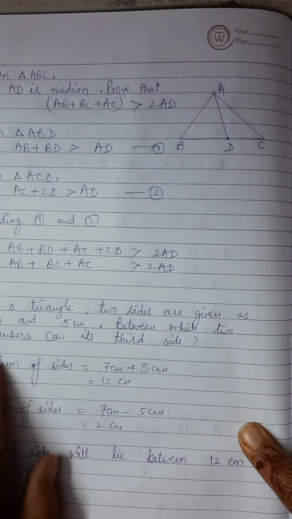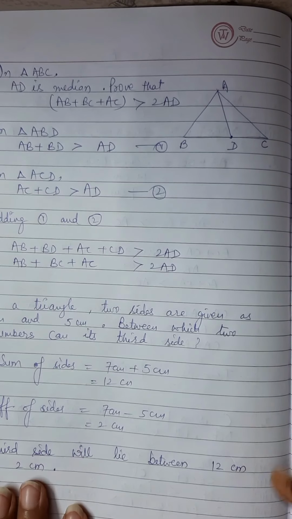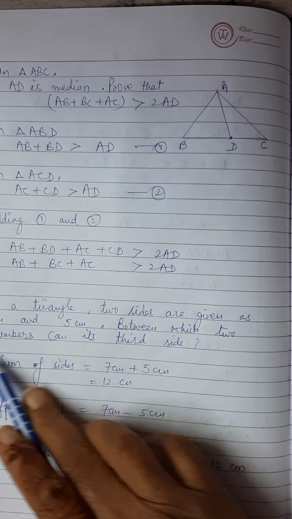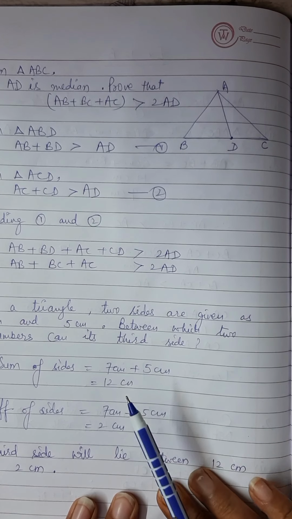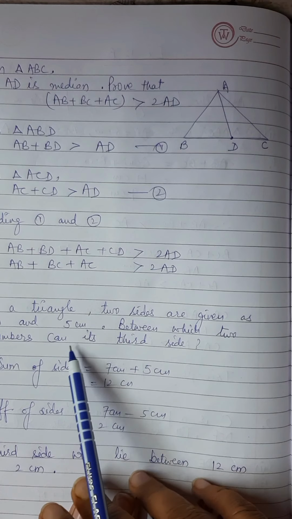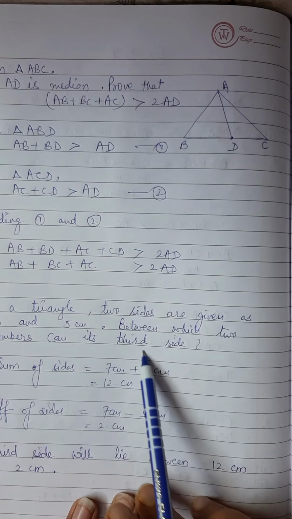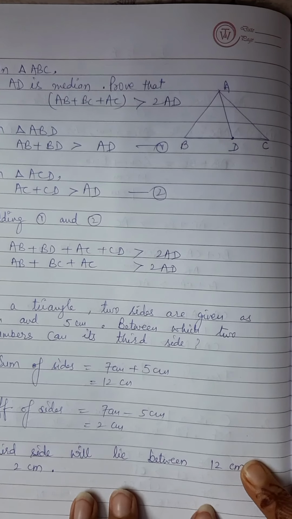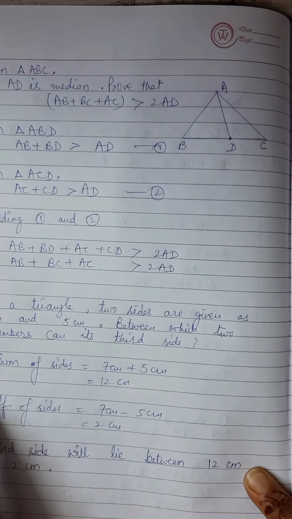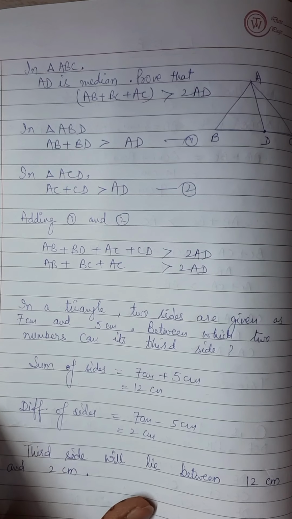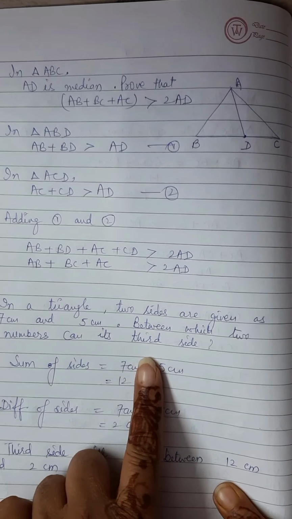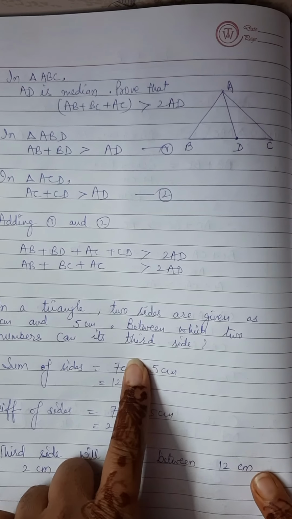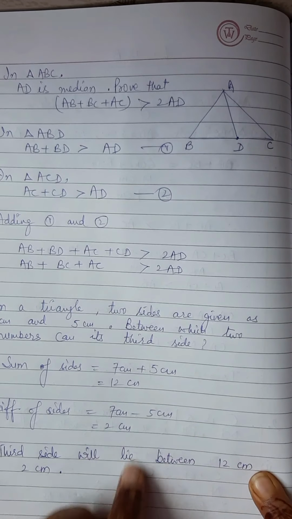Now the sixth sum. In a triangle, two sides are given as 7 cm and 5 cm. Between which two numbers can its third side lie? A triangle is given with two sides of 7 cm and 5 cm, and we have to find the interval in which the third side lies.